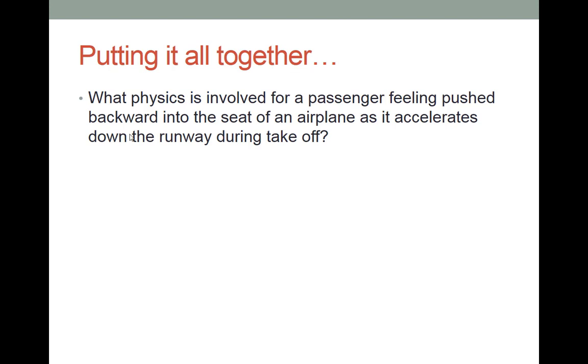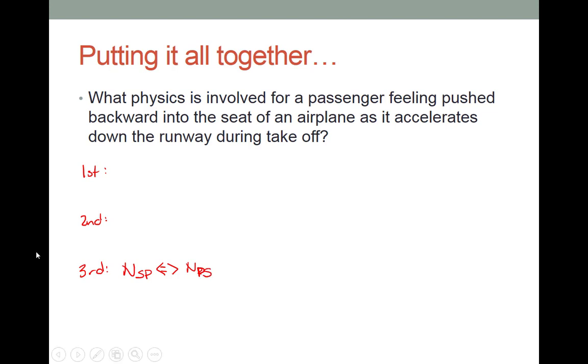So, for each of Newton's 3 laws, how do they apply to a person feeling pushed backward in their seat as an airplane accelerates down the runway? Okay. Third law, fairly easy. Normal from the seat on the passenger is equal and opposite to the normal from the passenger. Oh, goodness. Passenger on the seat.